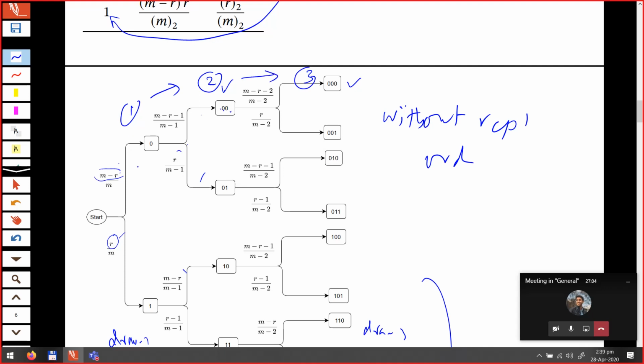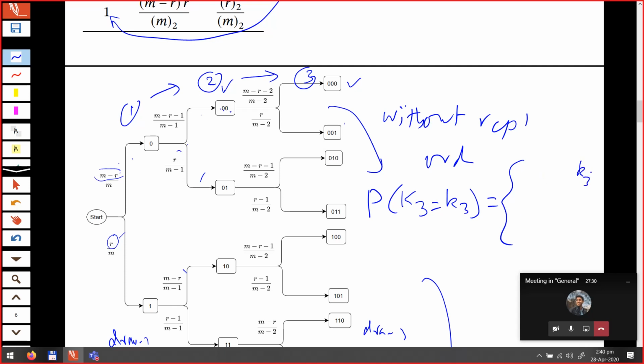Similarly, the unconditional probabilities related to draw 1 are exactly the same as the unconditional probabilities related to draw 2, and they are also exactly the same as the unconditional probabilities related to draw 3. So if I now work out the unconditional probabilities of draw 3, this will again give me the same formula.